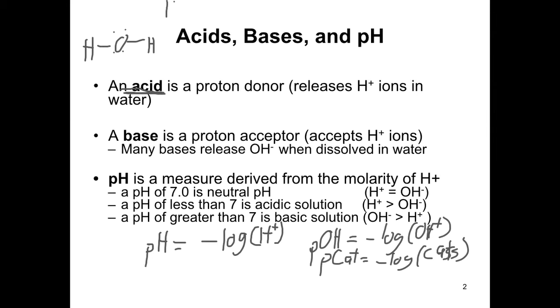And a proton that's floating around by itself, very sad because it's left its previous water or whatever molecule it was on, can bond to that oxygen and create an ion called H3O plus, or hydronium, which looks like this.